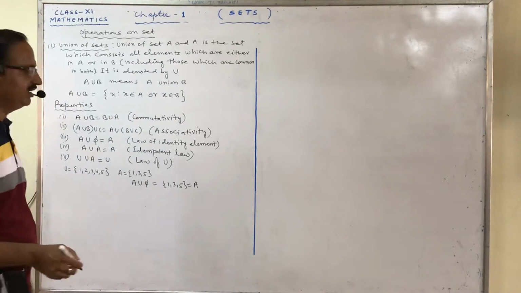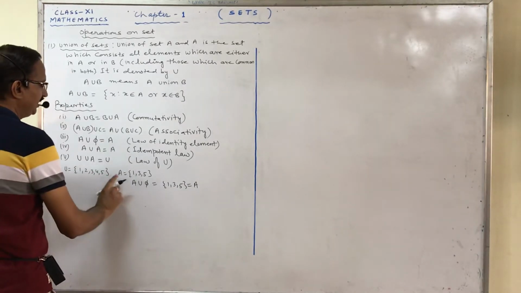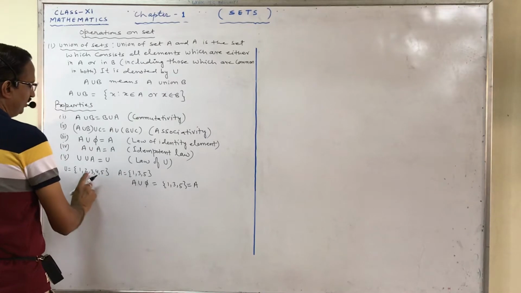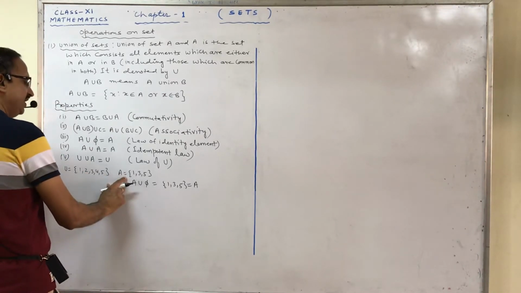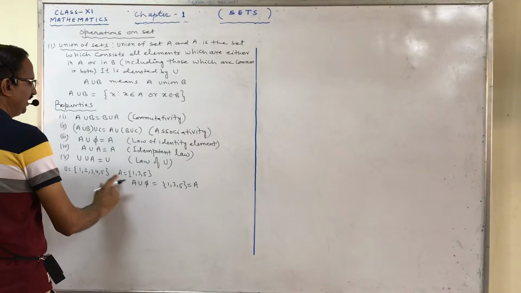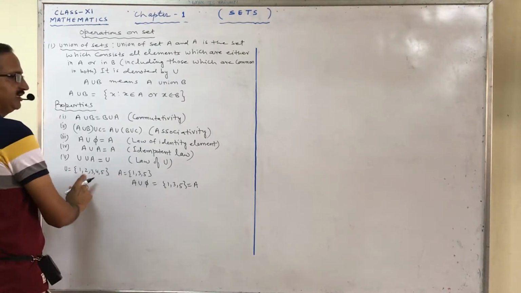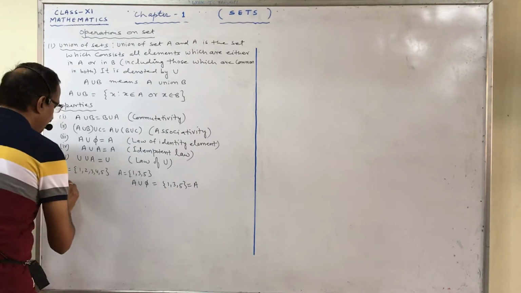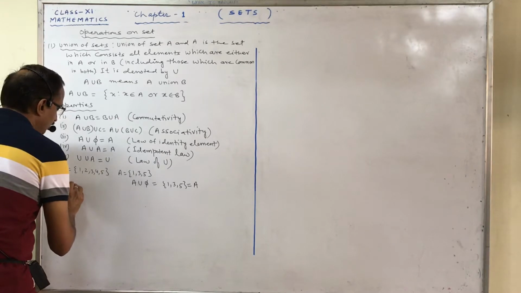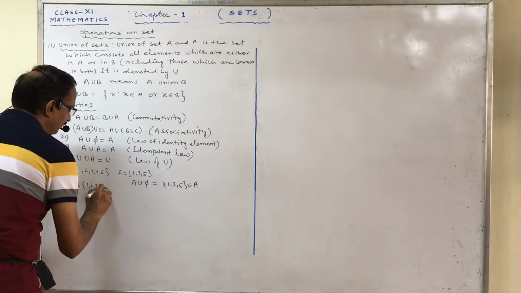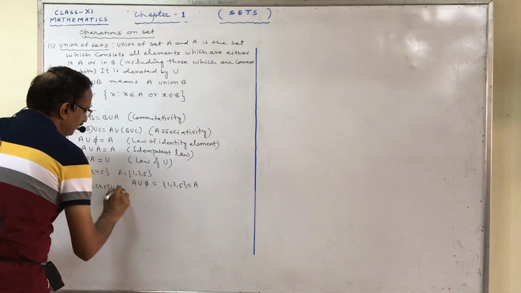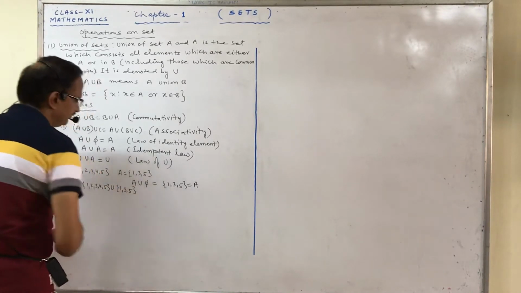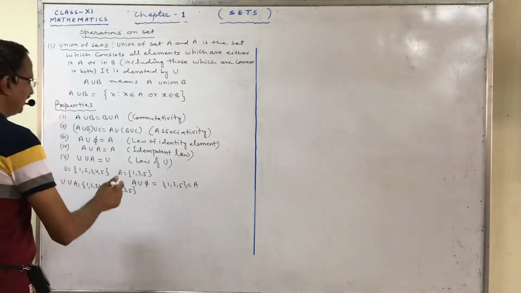It means we have to write all the elements of universal set and A. Since universal set contains set A, by taking union of these two we get all the elements of U. So universal set union A means {1, 2, 3, 4, 5} union {1, 3, 5}, all the elements of both sets.